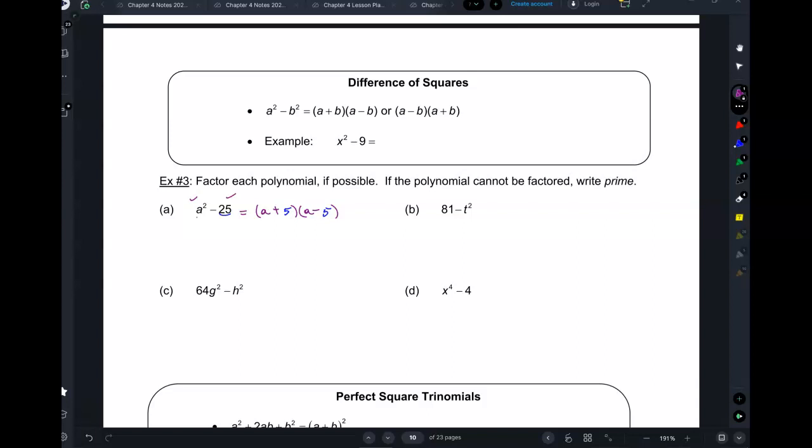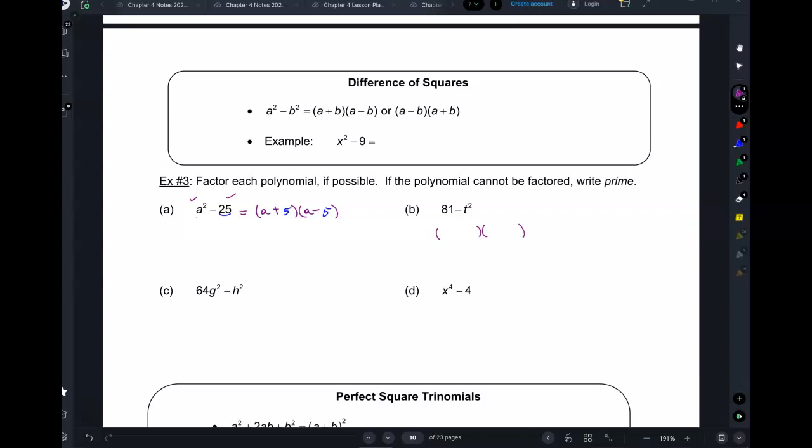All right, go ahead and do the next one. Perfect square. You put 2 parentheses. Go ahead and do that one. What do you think?